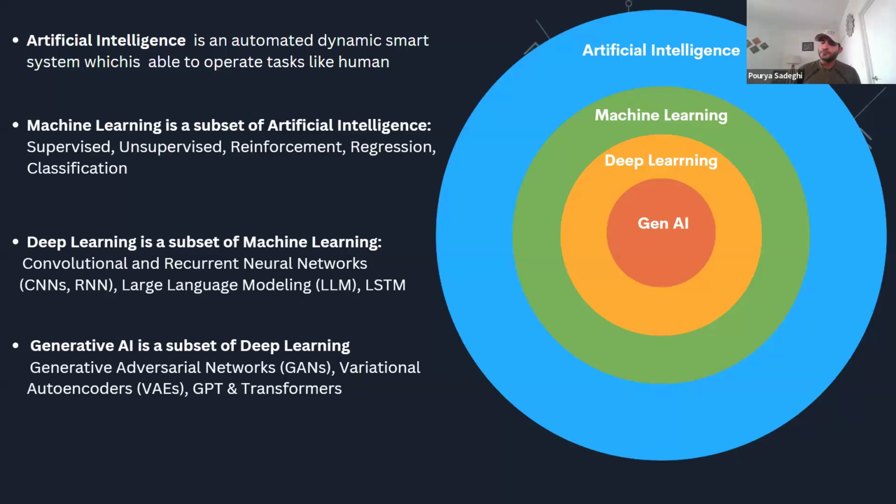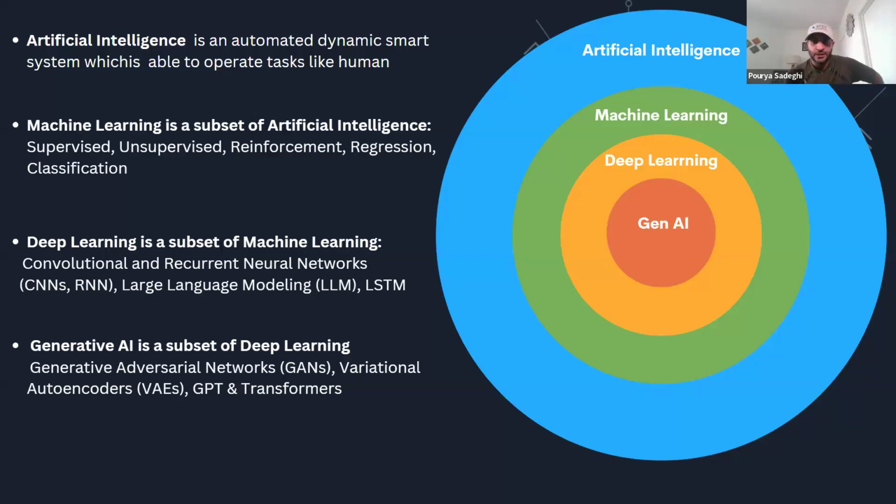And then deep learning is a subset of machine learning. There are different models that you might already be familiar with and work with, which are convolutional models and recurrent models, called CNNs and RNNs, and large language models, of which we have lots of examples.